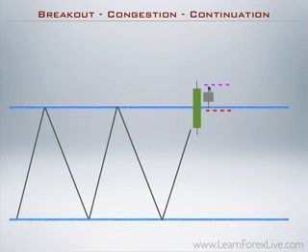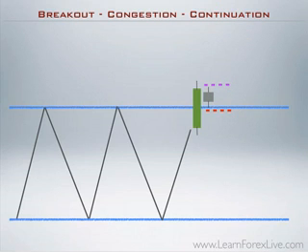This pending order is a floating order. It's an order that is not executed unless price breaks through that level. If instead of getting a continuation, what we get is a reversal, we go ahead and manually cancel that pending order. All right?